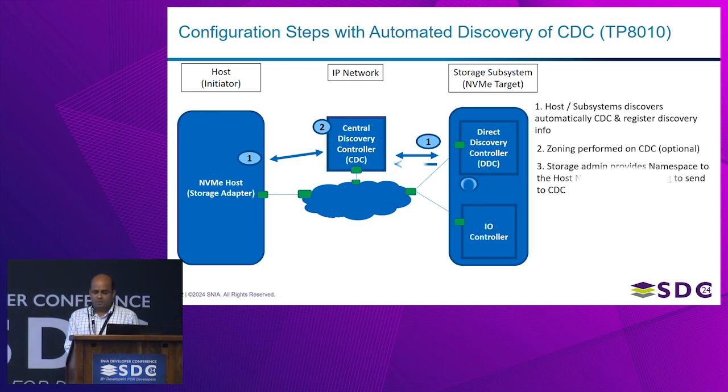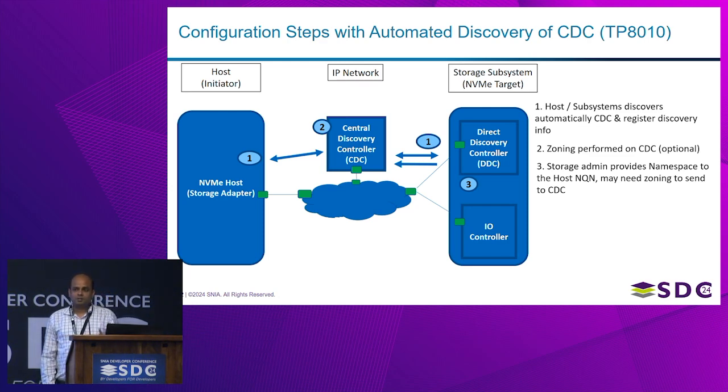Or there is another way: instead of doing manual zoning, once the storage admin provides the namespace to a particular host NQN, the zoning will be done automatically. That is called subsystem-based zoning, and it can be sent from a DDC to the CDC, so that you don't need manual zoning configuration.